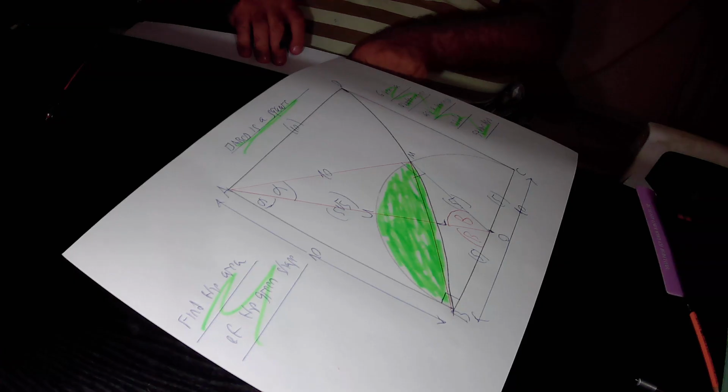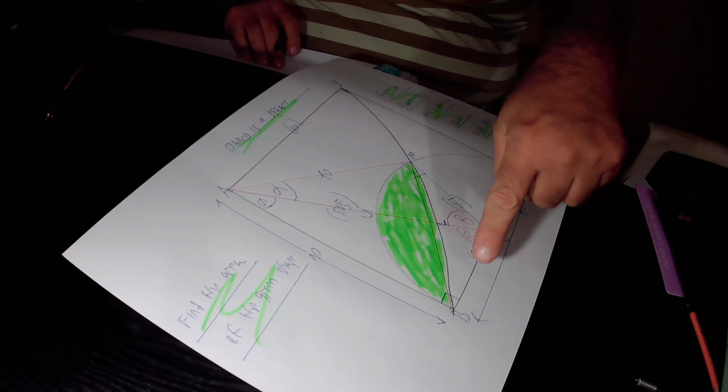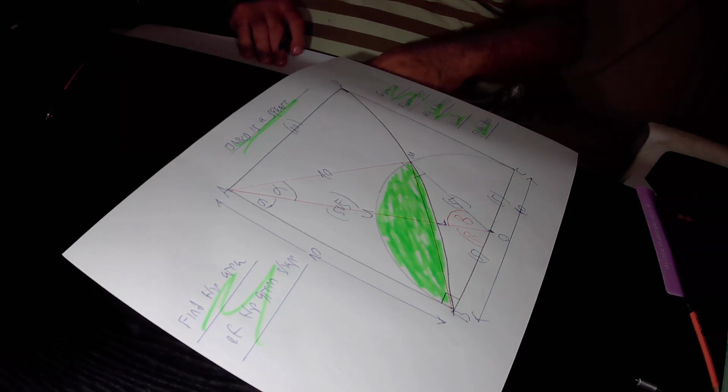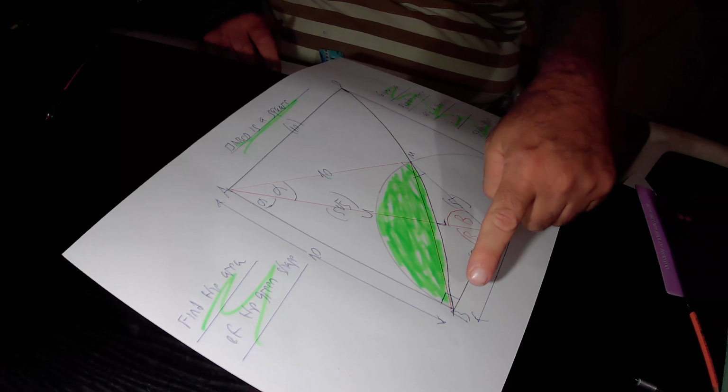First of all, I will copy sector ABM, and in operation we find the area of the lower segment BLM.